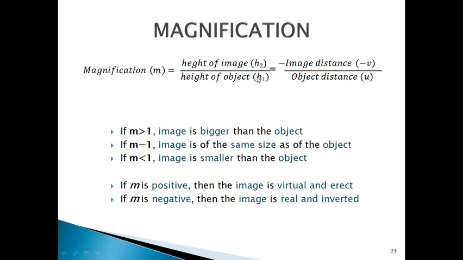And the magnification m is also related to the object distance u and image distance v. It can be expressed as m is equal to minus v upon u. So you will get a new formula that m is equal to h2 upon h1 or m is equal to minus v upon u. Okay.